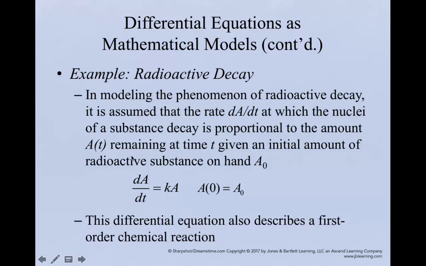It's proportional with some proportionality constant k. And so we have the derivative of A with respect to t, which is its rate of change, being equal to k times A. And we also can make an assumption that we started with some initial amount of radioactive substance at time 0, and we'll call that A naught. So this is a first order chemical reaction.